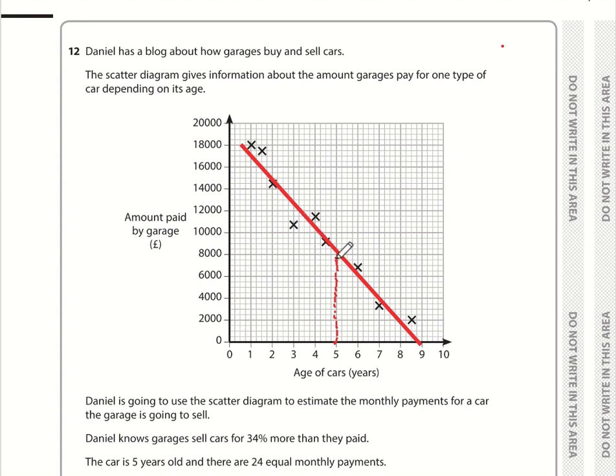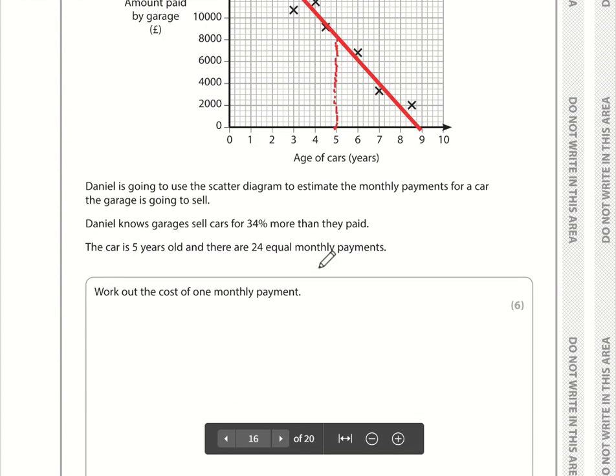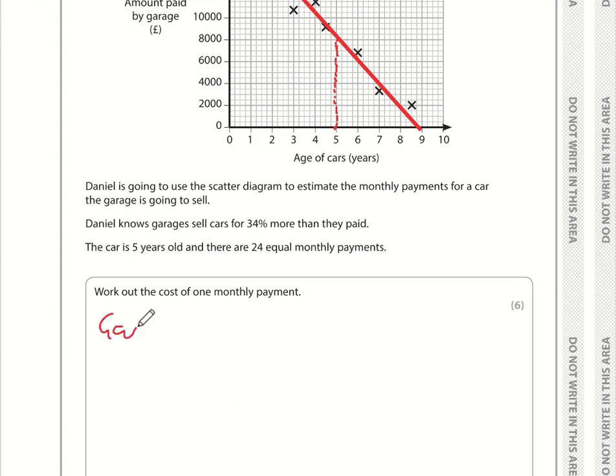So I think I'm halfway between 8,000 and 8,400, so I'm going to say 8,200. So the garage pays £8,200.